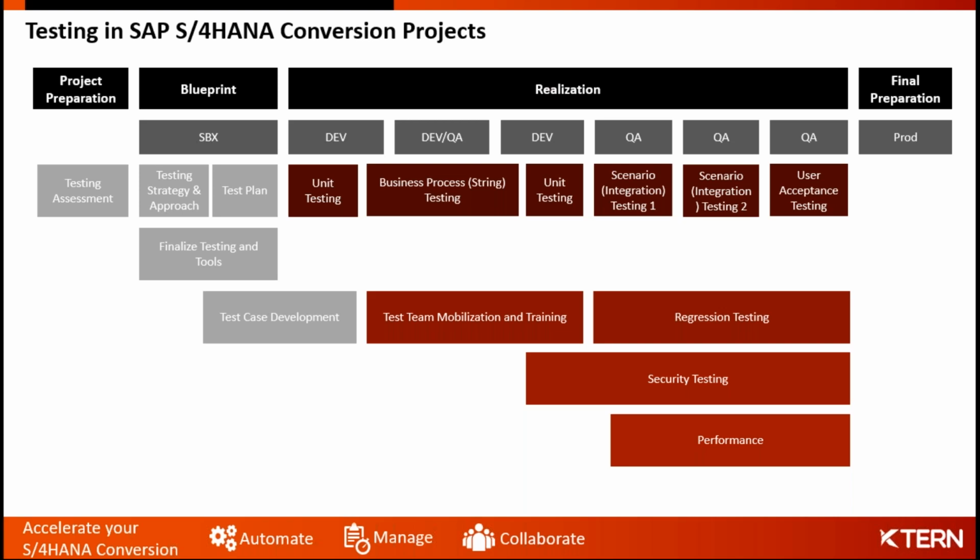So during the realization, we get into the actual interesting part. We'll be having the unit testing done by the business IT consultants and the integration testing or the end-to-end testing done by the IT SMEs. When it gets to the quality conversion, we'll be having the actual business users doing the testing, which we call user acceptance testing.